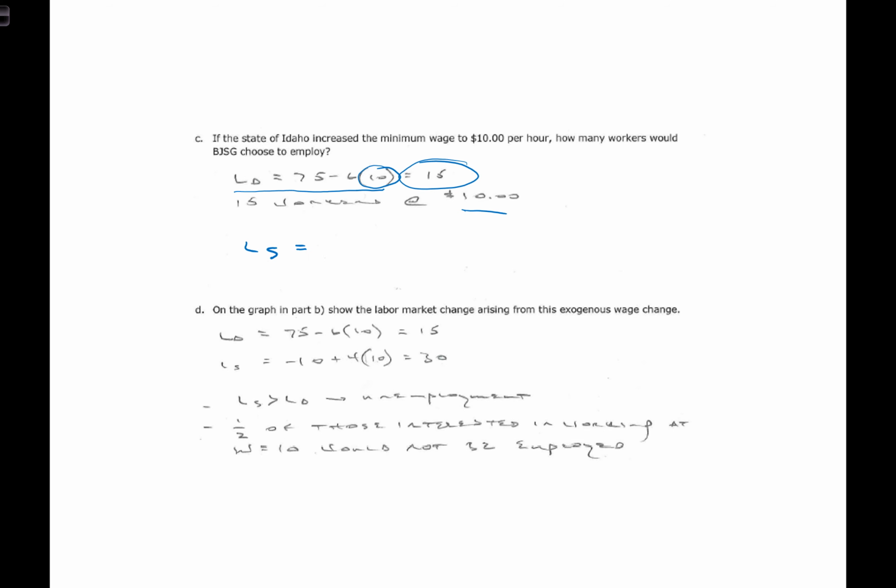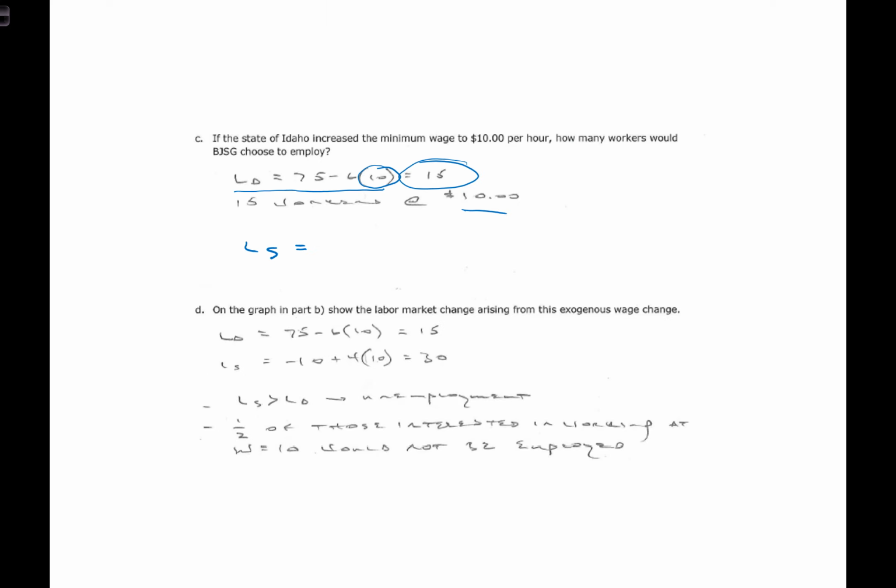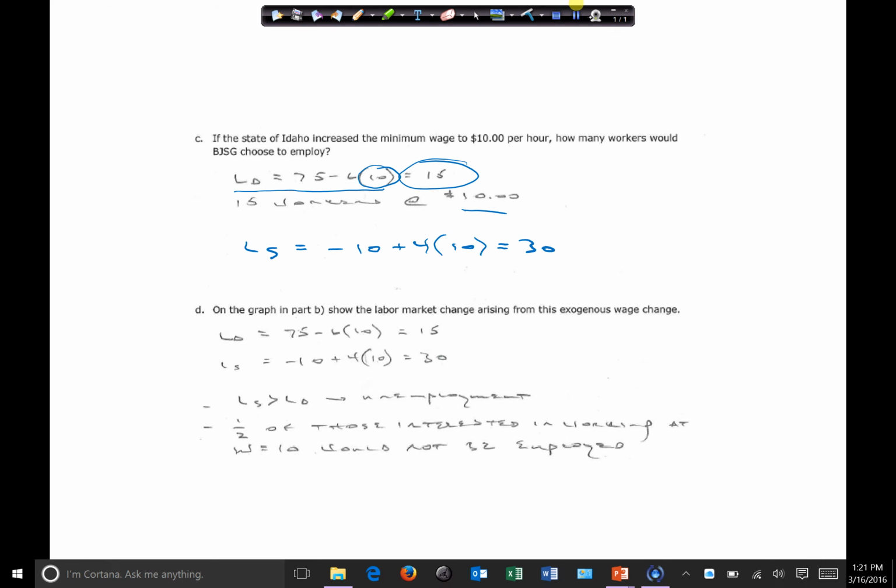Labor supply, remember, is equal to negative 10 plus 4W. So negative 10 plus 4 times W, and W is now 10, equals 30. So we have labor demand at 15, labor supply at 30. And with that, we have a scenario that we can finish out the rest of this.